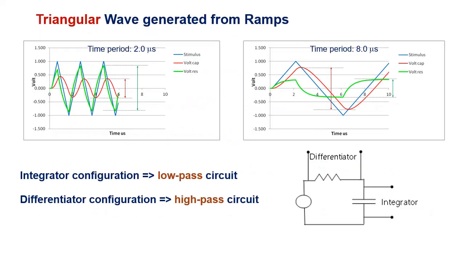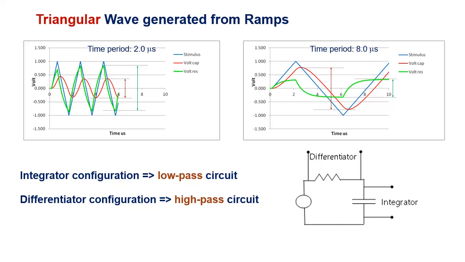Triangular wave can be generated from multiple up and down ramps. We now plot voltage across resistor and capacitor to compare differentiator and integrator configurations. The capacitor has less time to charge for the faster triangular wave compared to the slower one. As a result, peak voltage across the capacitor is less for the higher frequency input.